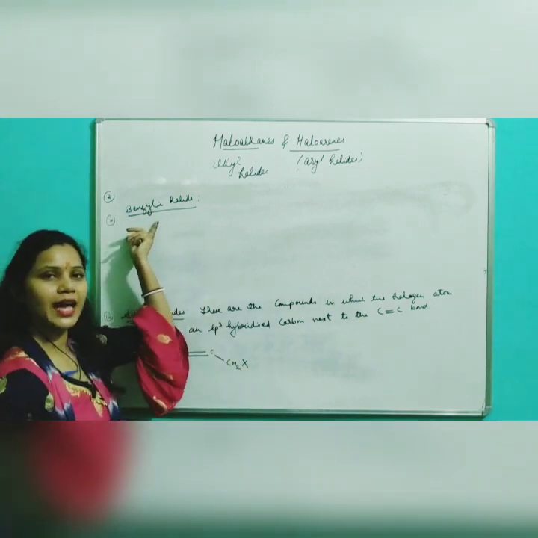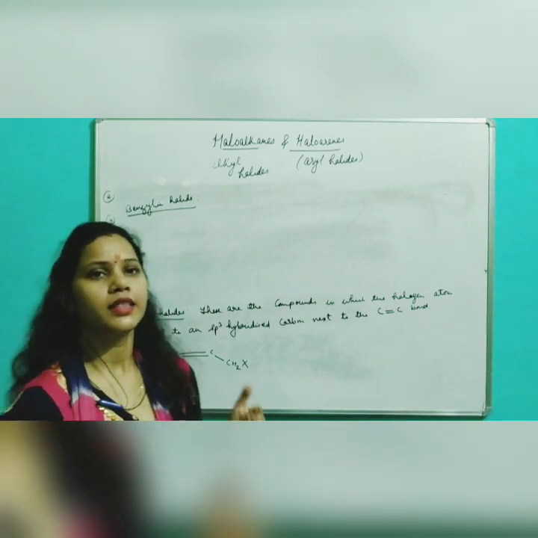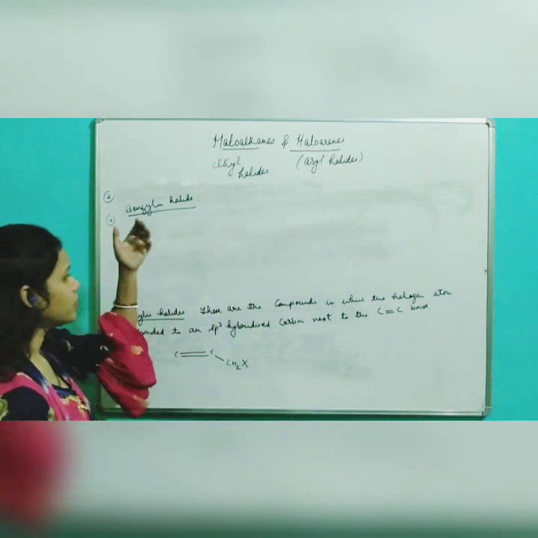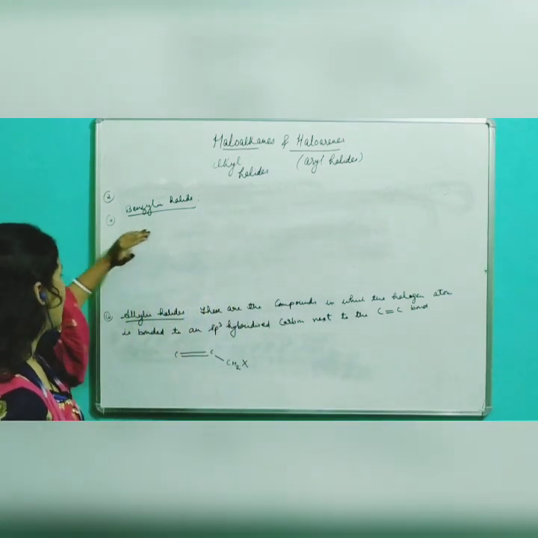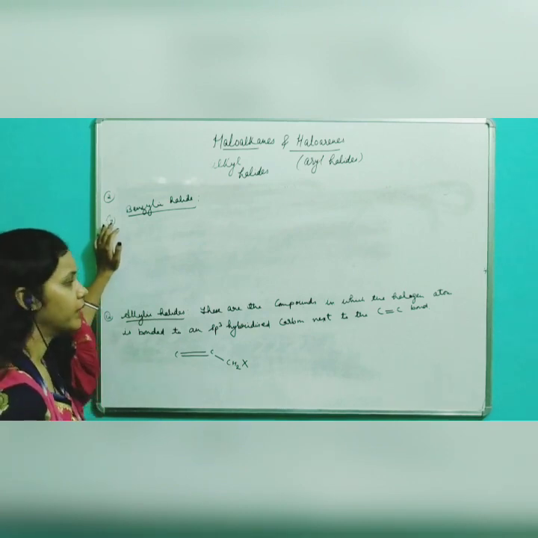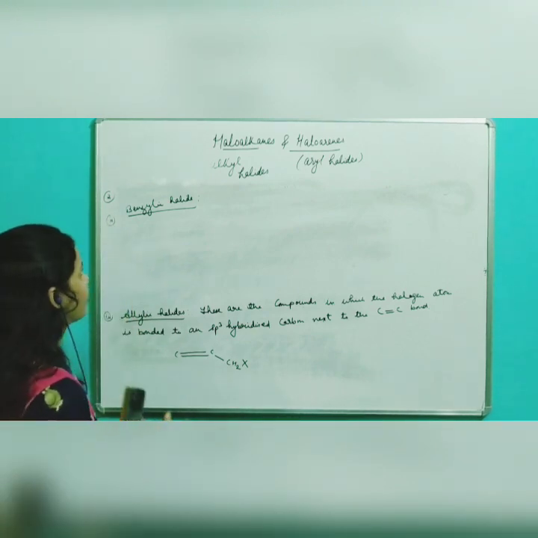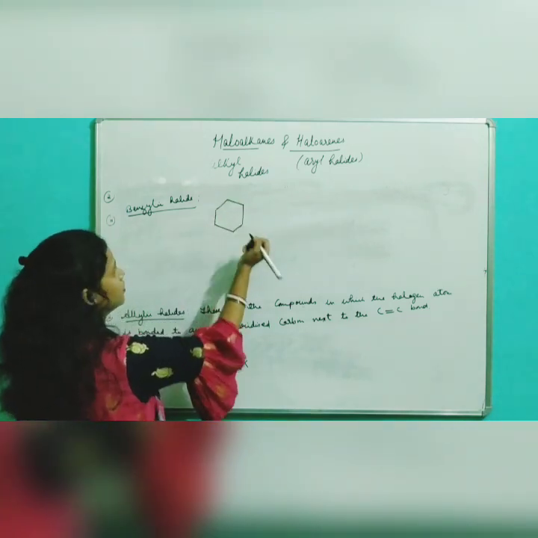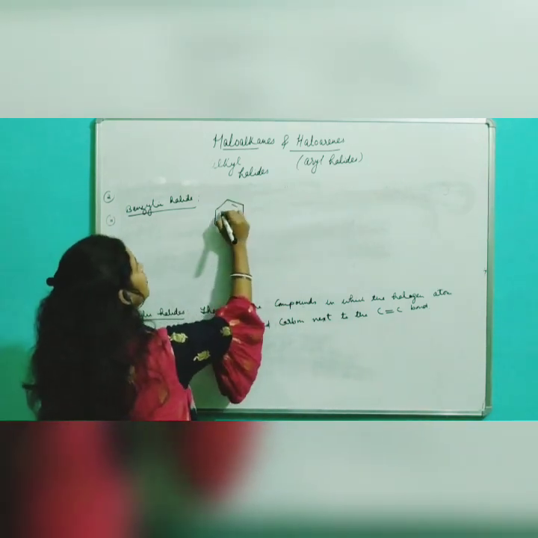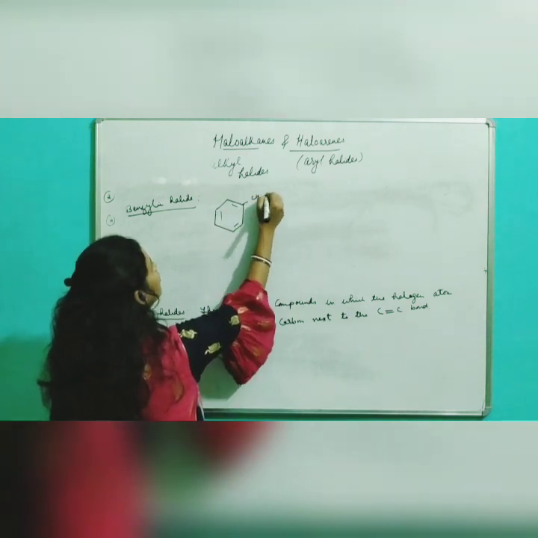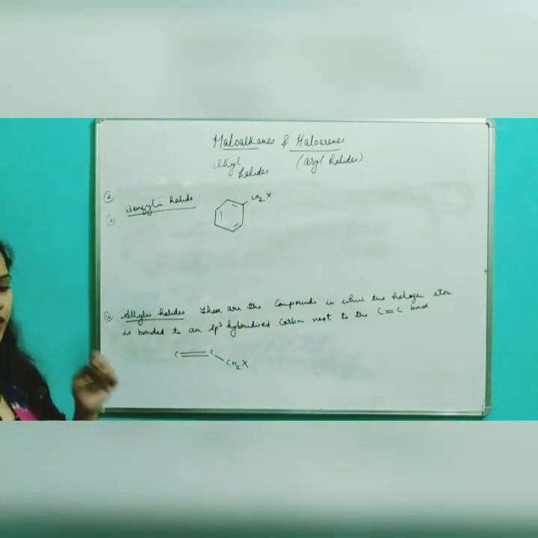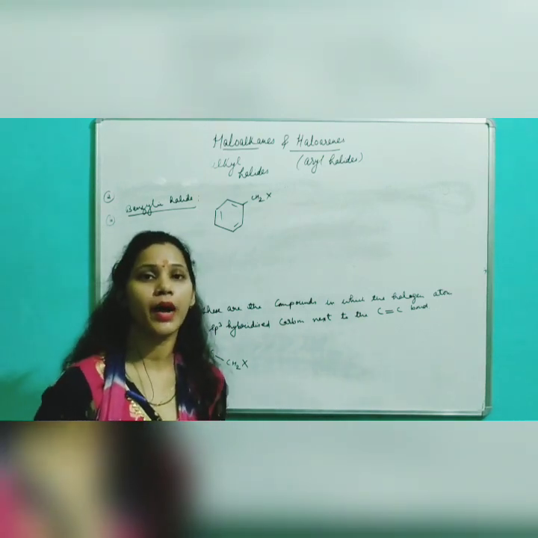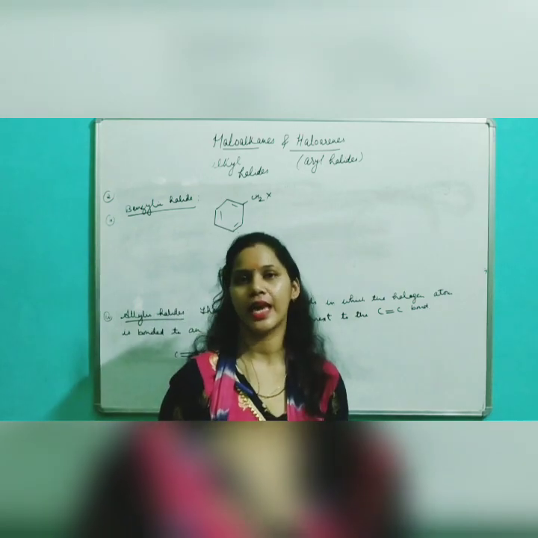From the name benzylic, we can get an idea that it might involve an aromatic ring. So these are compounds in which the halogen atom is bonded to an sp3 hybridized carbon next to the aromatic ring. I'll make the figure, and it is bonded like this.